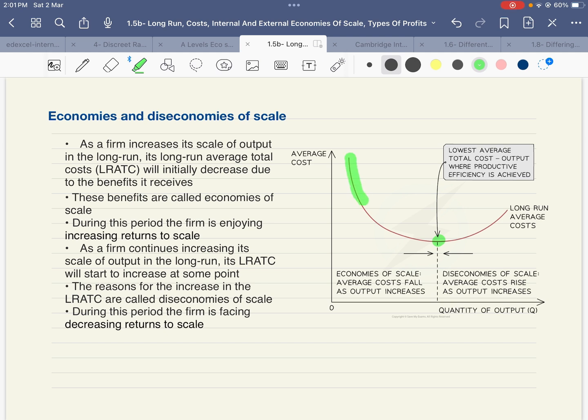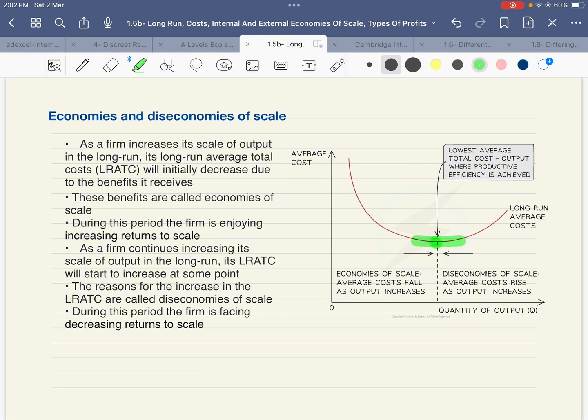In the time where the company is experiencing economies of scale, they are experiencing increasing returns to scale, which means that for a small increase in input, the increase in output is larger. And after hitting the lowest possible average cost, the company stays in a constant returns to scale period.